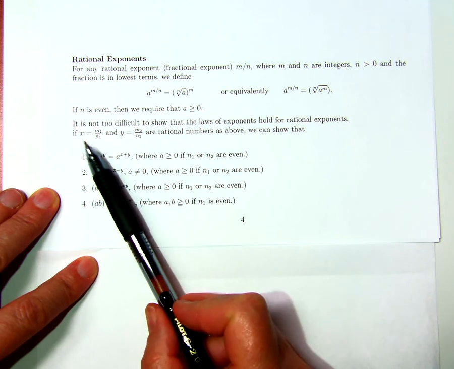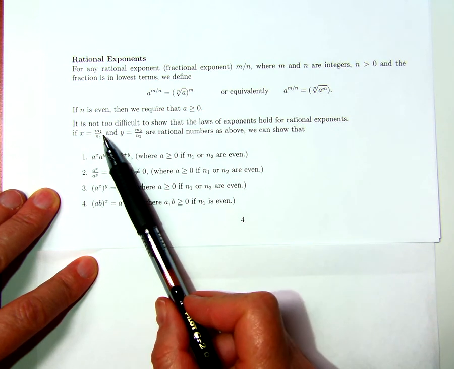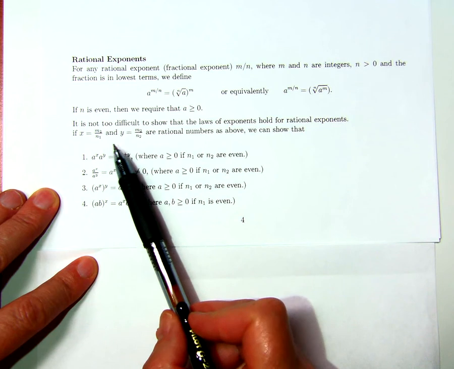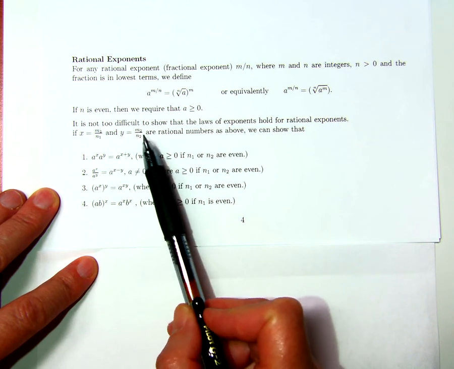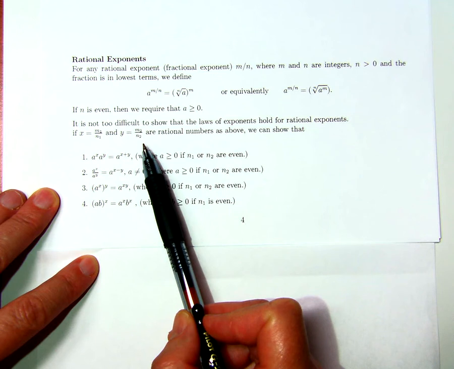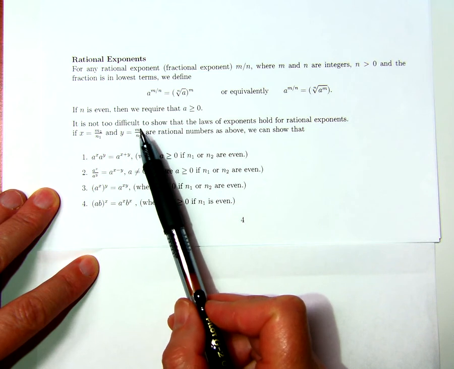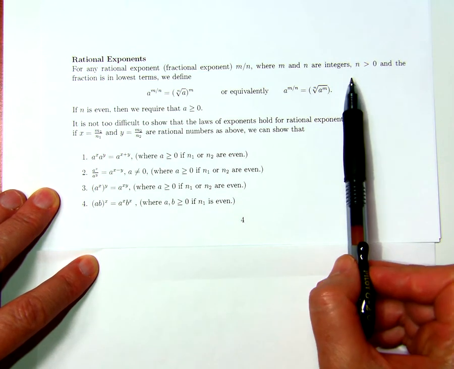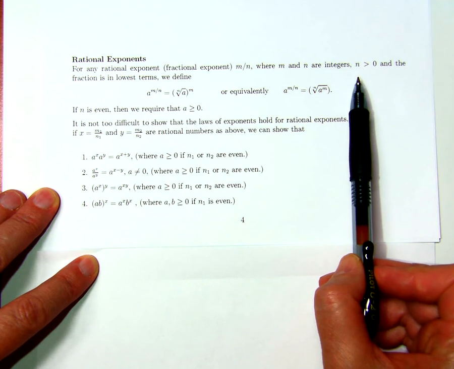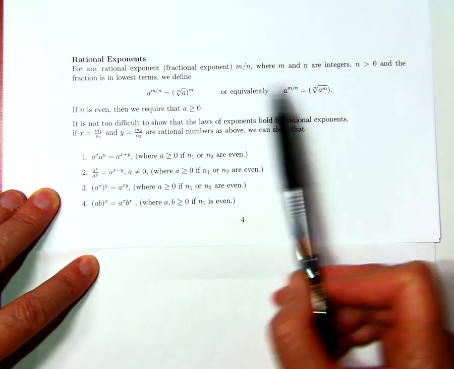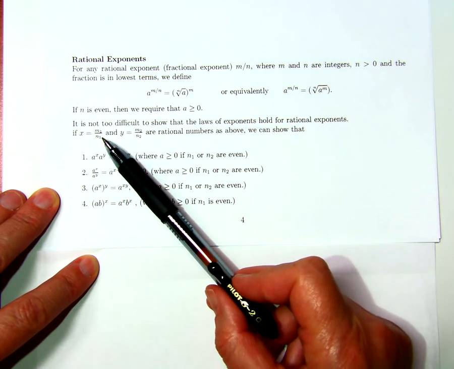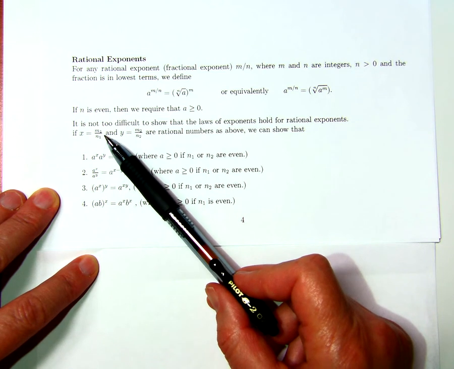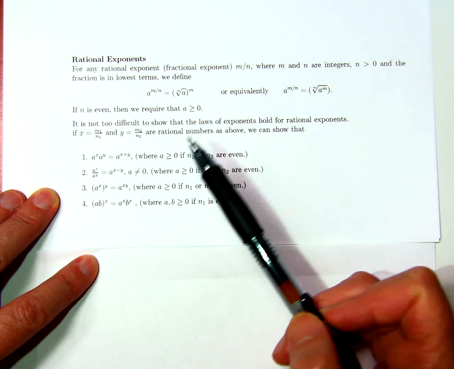And so let's assume that x is a rational number m1 over n1, and y is a rational number m2 over n2, and we can assume that the n's are greater than 0 here, because if this is a negative number, we can assume that the minus goes with the numerator.